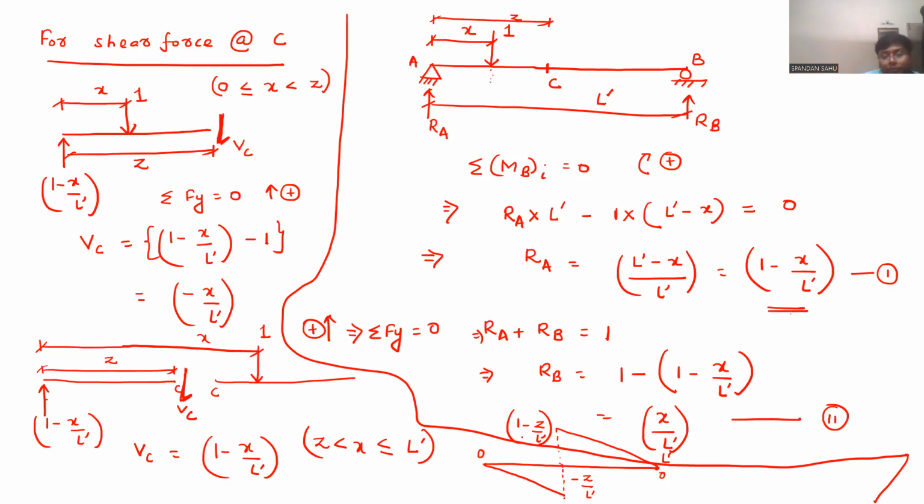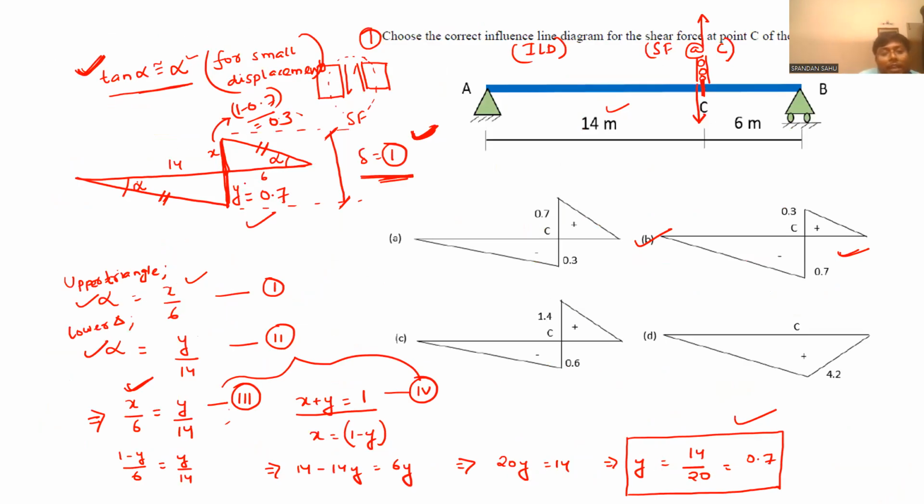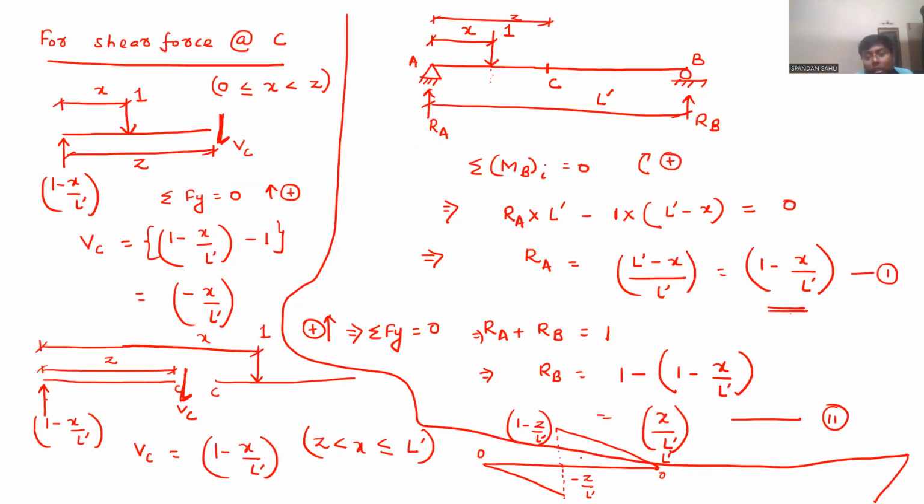Now just see, at this point, like in the previous case, we have taken it as y and x, and we are telling directly that 1 unit displacement. So you add it here. This is 1 minus Z by L prime. Just take the mod, because algebraic addition should be done.